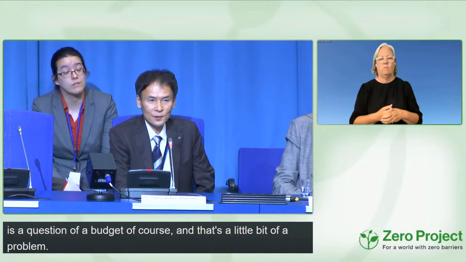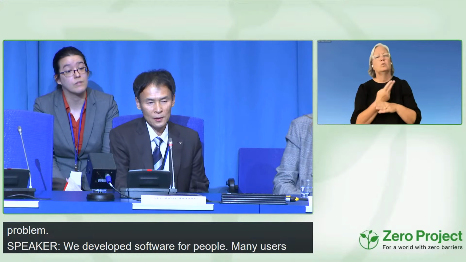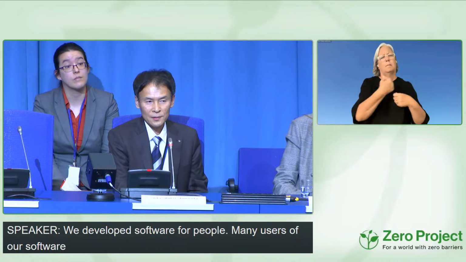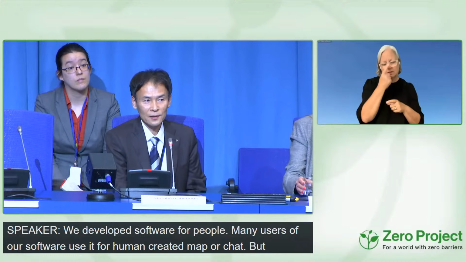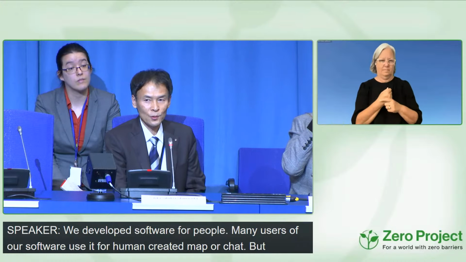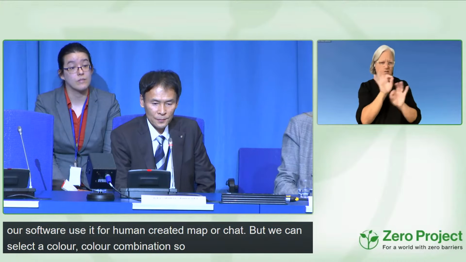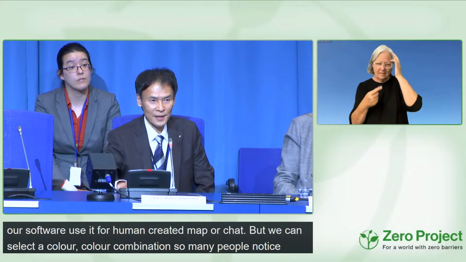We developed software for colorblind people, and many users use our software for human-created maps or charts. But we can select a color combination, and many people notice the color combination design.